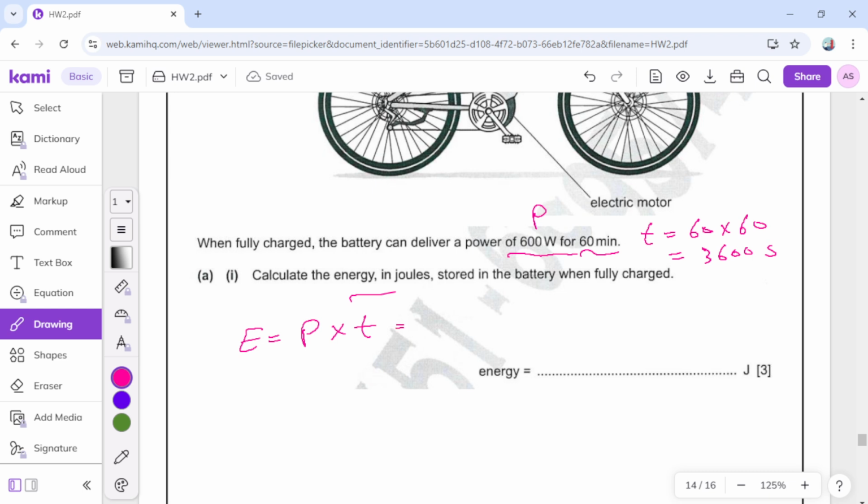So power is 600, multiplied by time 3600. What is the answer? 2,160,000. You have to write it in two significant figures, so it will be 2.2 times 10 to the power 6. Okay?